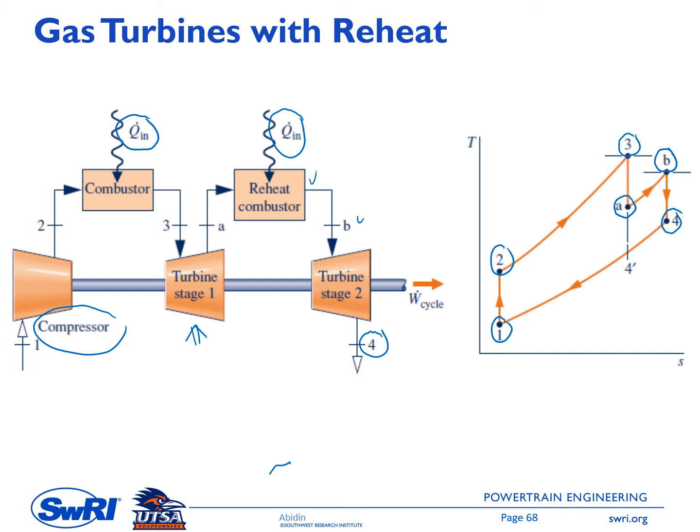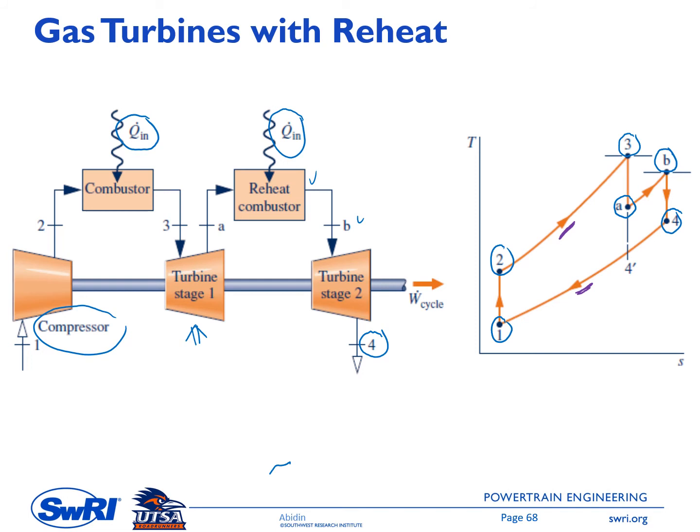So once again, if you see these two constant pressure lines, the first one is this one, the second one is this one. As we go to the right, these two lines diverge. So it means the turbine power increases as we have a two-stage turbine compared to having only one turbine.